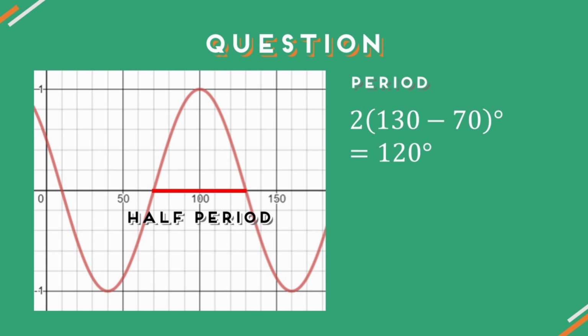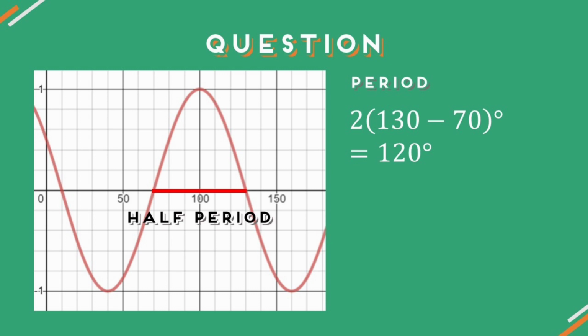First, we need to determine the function. I will use a sine function for this case. From the graph, we know that the distance when the function does a half cycle is 60 degrees. That means a full cycle will be done in 120 degrees, by 60 times 2.